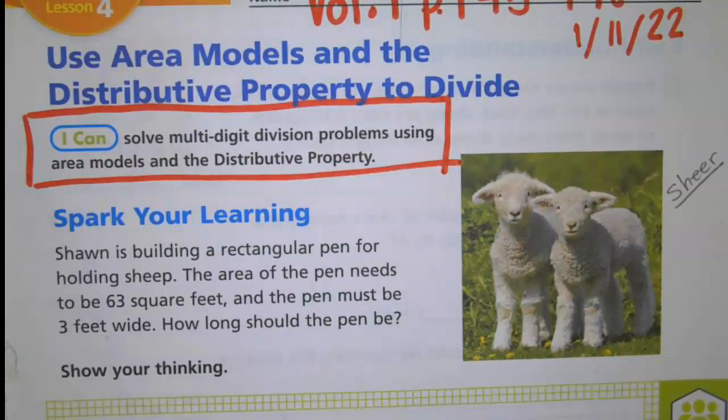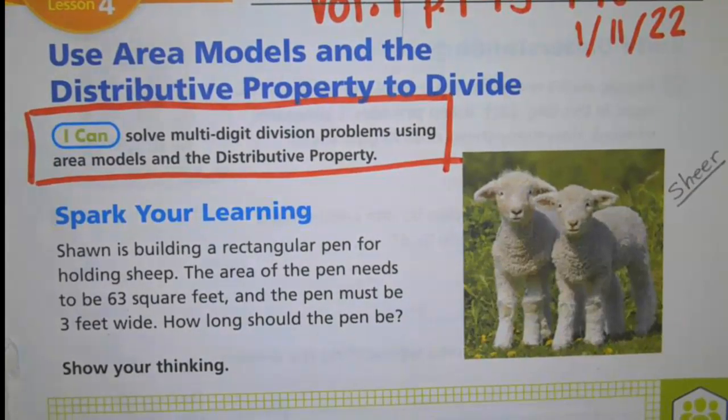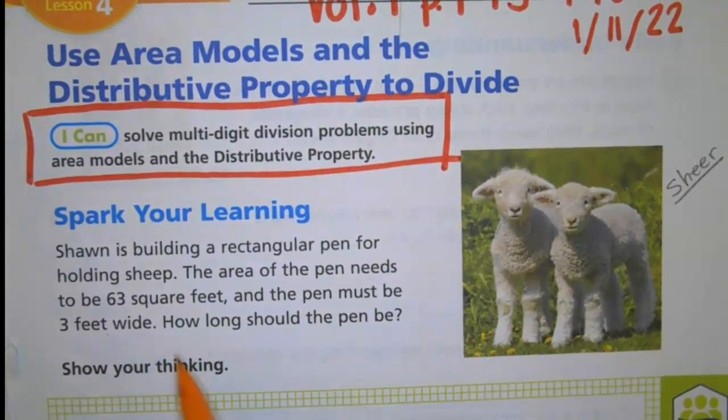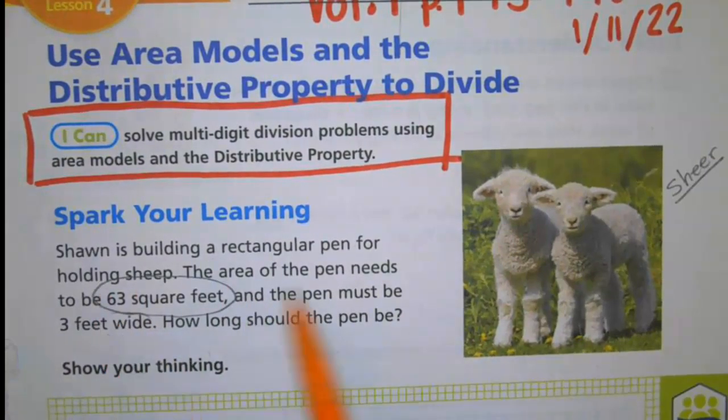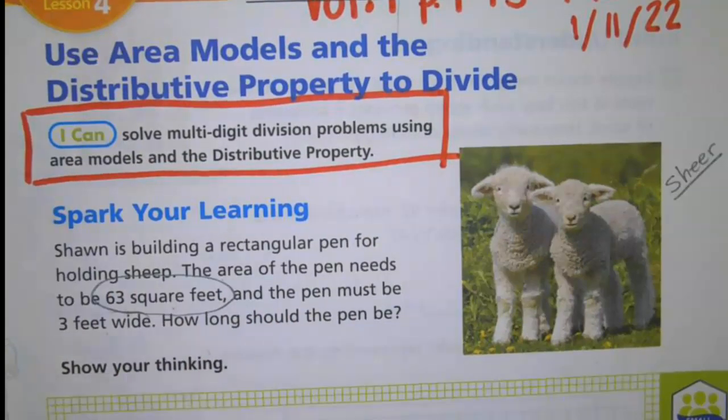Okay, well, I understand the situation here. Sean's building some pens. And I need to know what quantities I'm going to be working with. Well, I know how big the area is. The area needs to be 63 square feet. So that's going to be that inner space inside of the pen.